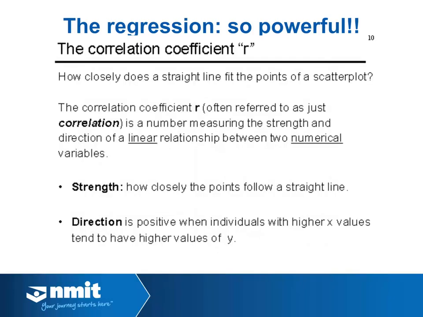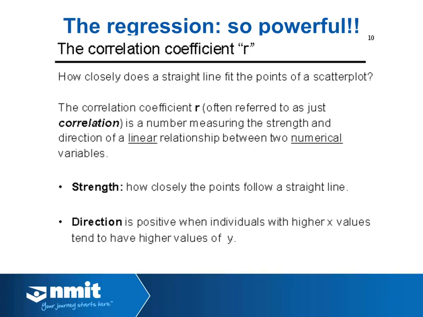So the tightness of the fit of our points to the distribution is given by the correlation coefficient known as R, or Pearson's R. Pearson's R varies from -1 through to 1. -1 is a perfect negative linear relationship, so a perfect straight line going down. An R of +1 is the perfect line going up.